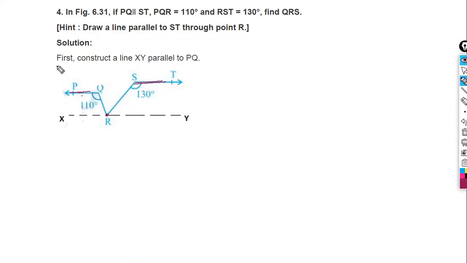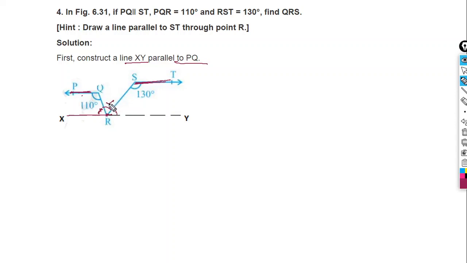Now XY is parallel to PQ and ST. If we can find this angle and this angle, then we know that these three angles are on a single line, their sum will be 180 degrees, so that we can find this angle also.